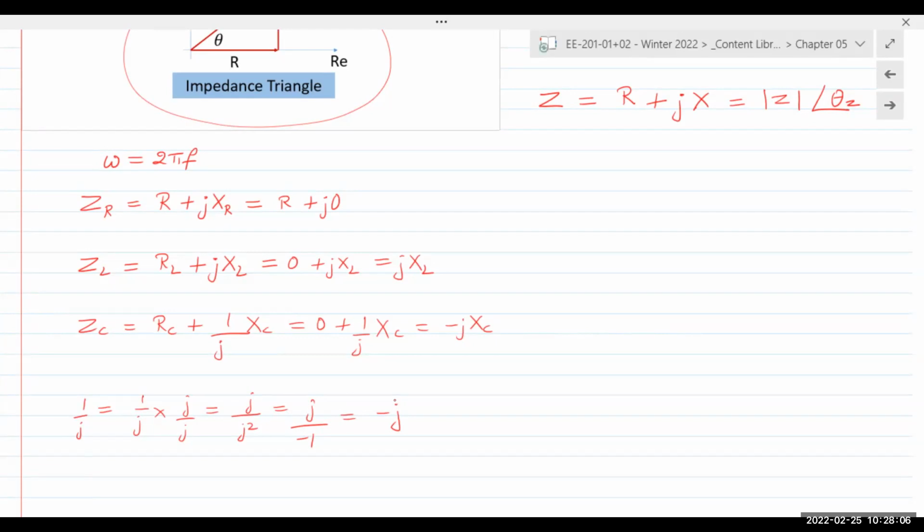So this is something you should pay attention to because, at some point in your career, you will end up using these kinds of calculations. Yes, that's why 1 over J can be described as 1 over J times J over J. You get J square, minus 1, minus J. Or minus I. So 1 over I would give you minus I.